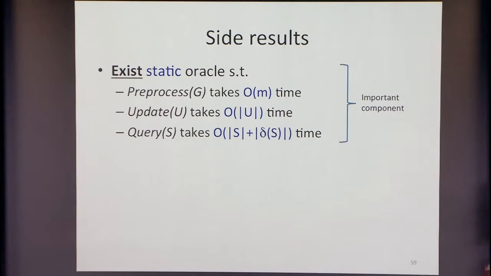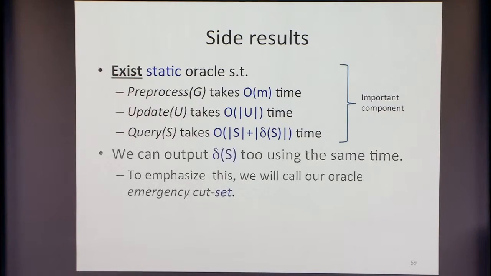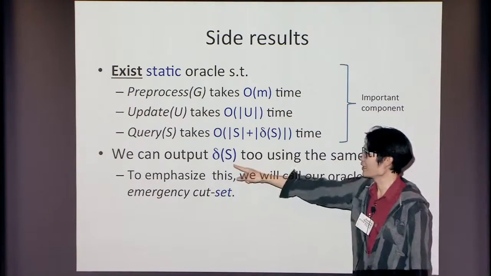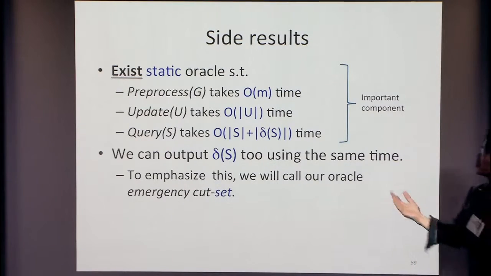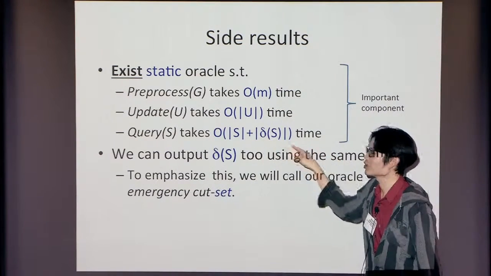And it's actually an important component to solve the problem in the emergency problem as well. And actually, I have to note one thing. We can output delta S too, not just the size of delta S. And because we have the lower bound anyway, you need this much time.